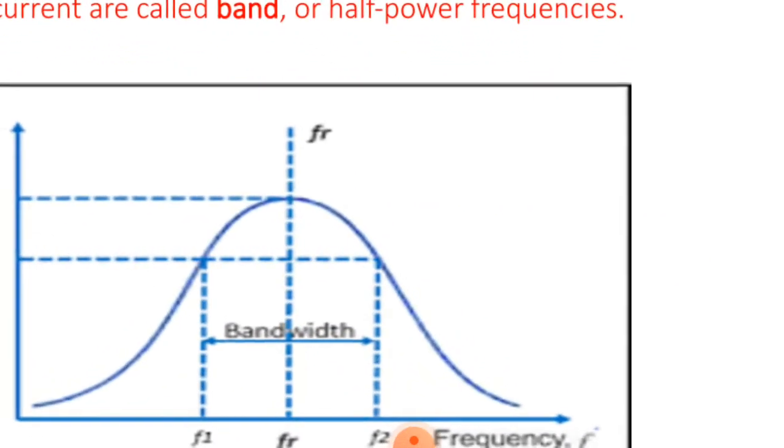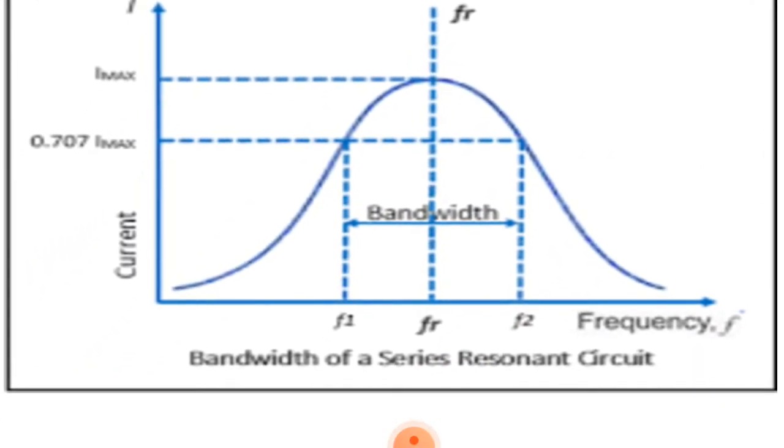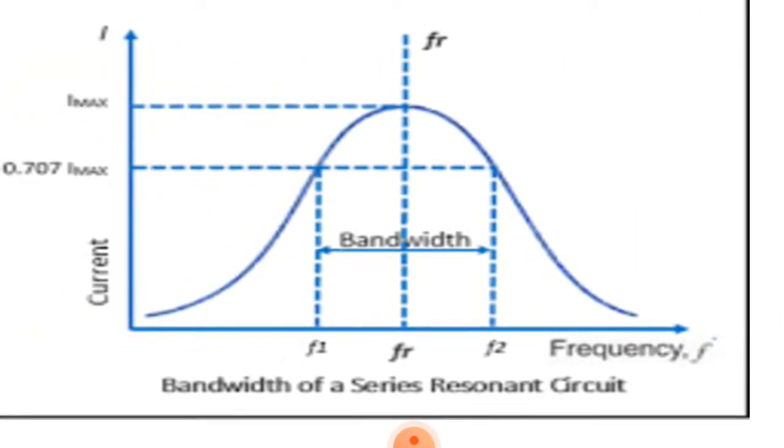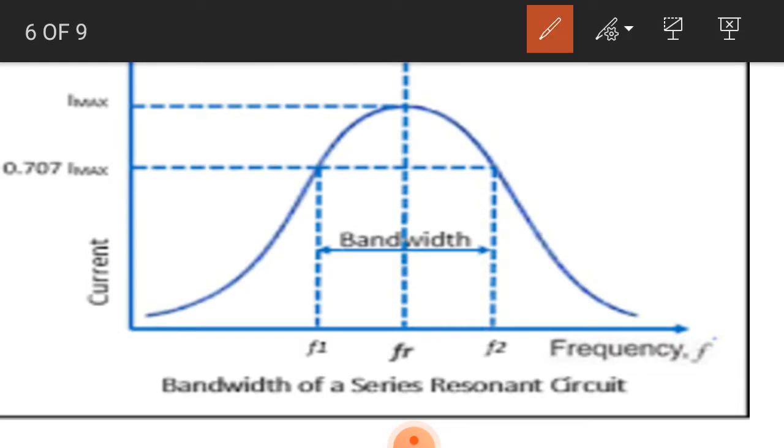If we analyze this graph of maximum current versus frequency in detail, you see this is a symmetric graph. At the resonant frequency, the current is maximum and Z is equal to R. But on both sides of the resonant frequency, you see, this is F1, or you can write nu1, the current is I maximum by root 2. If we convert it into percentage, it is 70.7%, or in fraction 0.707.